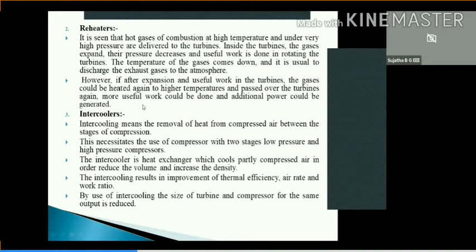See, here again, the exhaust gases coming after doing the useful work from the turbine, instead of passing directly to the atmosphere, the maximum heat that can be obtained from these gases can be collected and fed back to the turbine so that we can improve the efficiency.